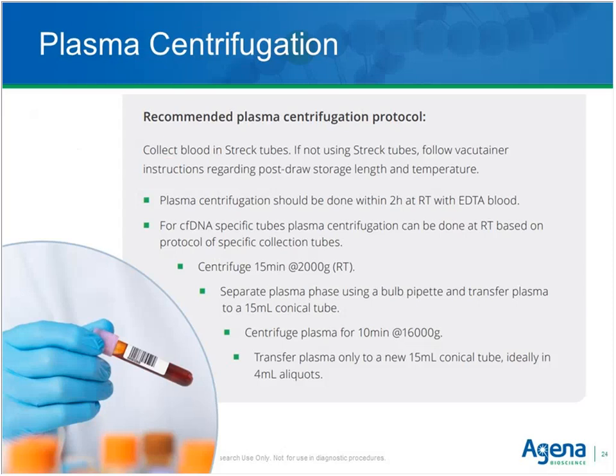So after the blood draw, the next step being the plasma centrifugation. And I'm not going through the details of that protocol. There's a number of very, very similar protocols available in the internet. So this is just one, but if you compare them, they are very, very similar.